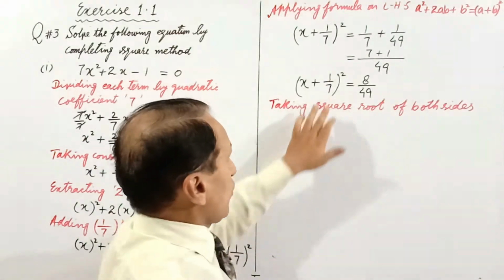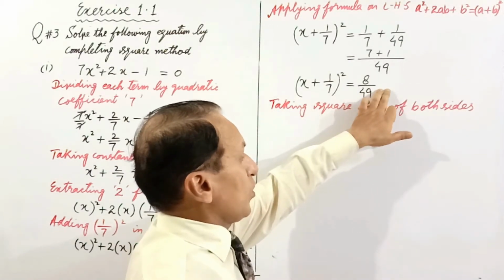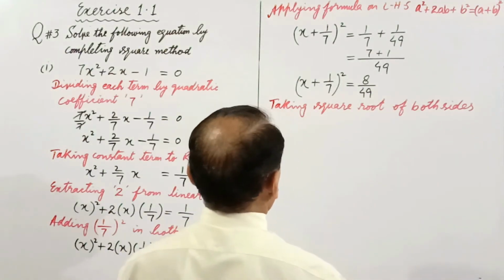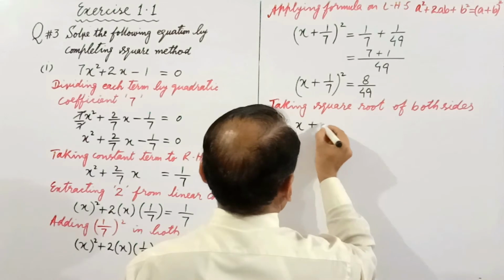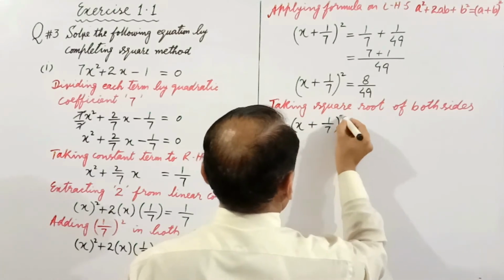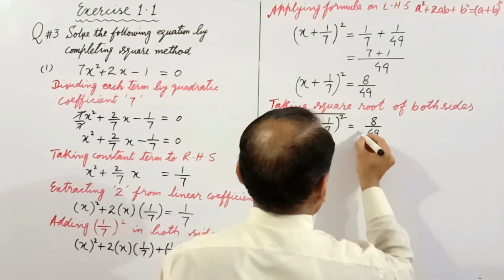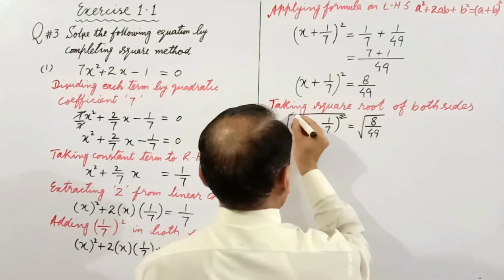As we take the square root of the left hand side, we have to take the square root of the other side as well. So by taking the square root of both sides, we get x plus 1 over 7 whole square root is equal to 8 over 49 square root. Square is cancelled by square root on the left hand side.